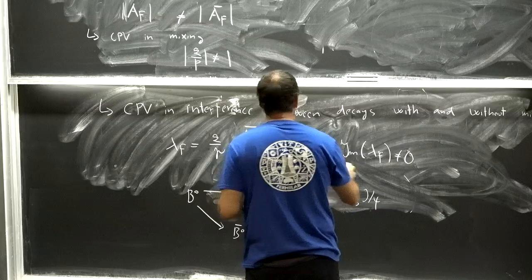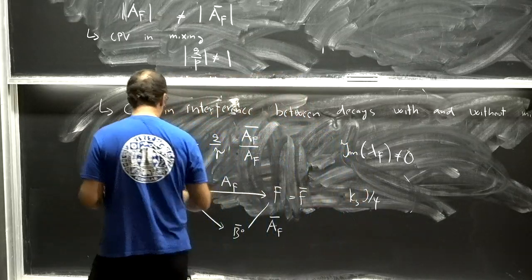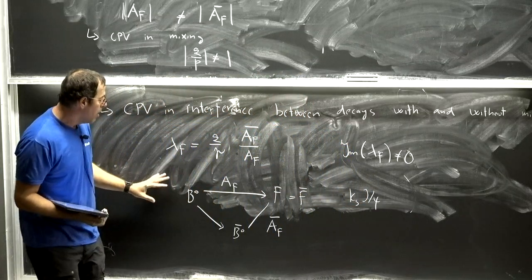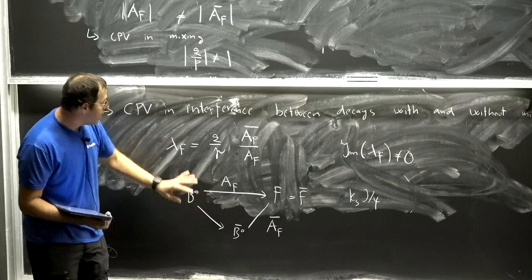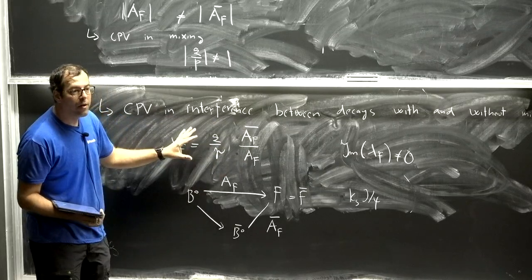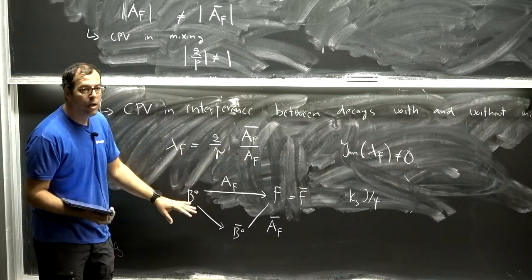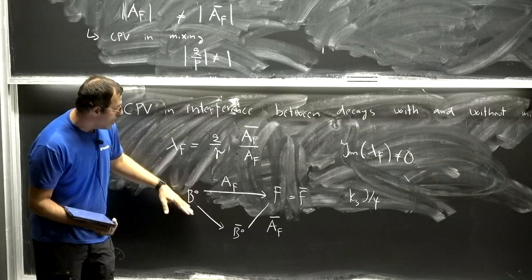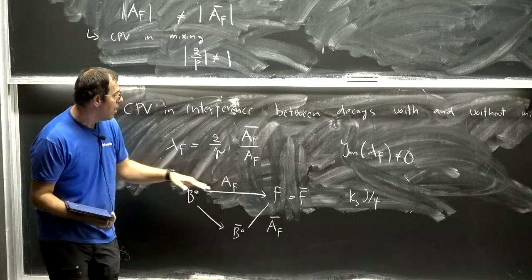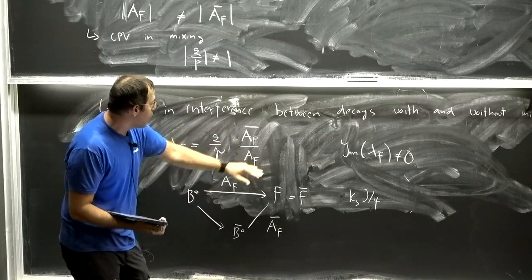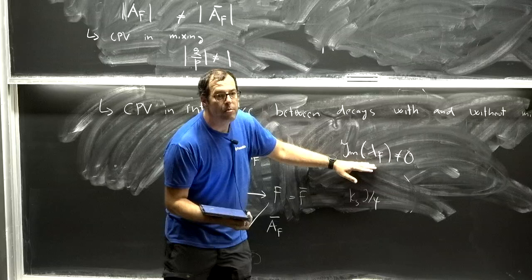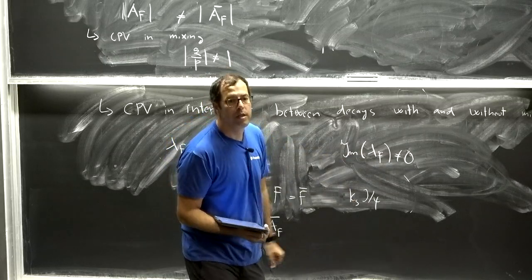Okay. So I hope you can see that something like this could have to do with CP violation, no? It's the interference pattern, and I'm picking up an imaginary part only, no? So, yes, there was a question.